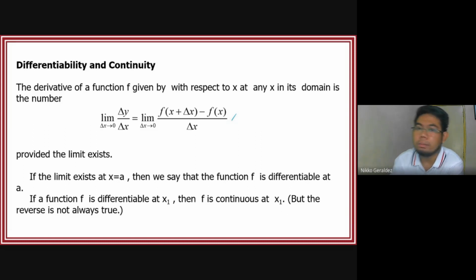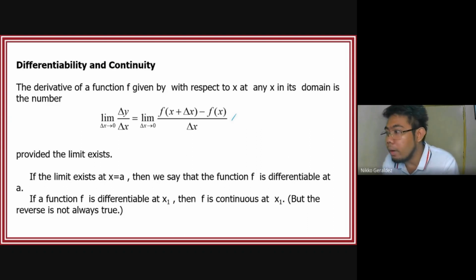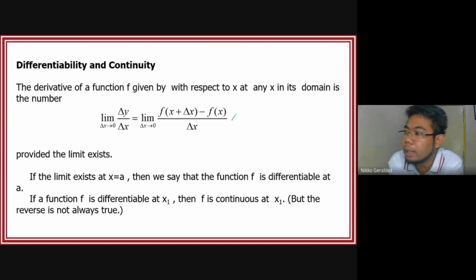Okay. Ibig sabihin, pag ginawa natin yung derivative of a function, tatlo yung nakukuha natin. Una, we have the slope of the tangent line. Pangalawa, yung slope of the curve at a specific point.